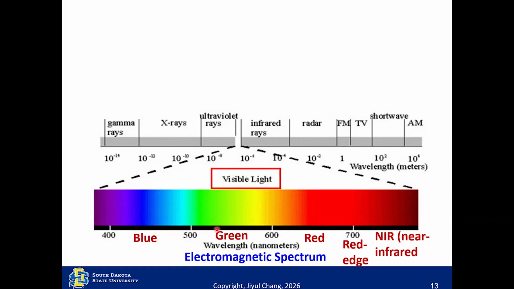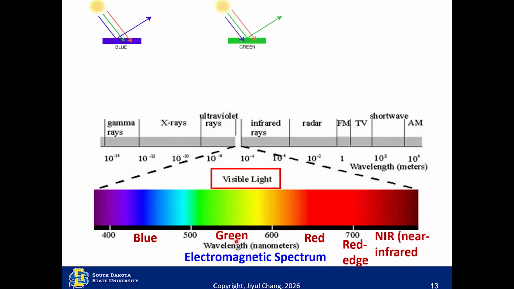Human eyes can see blue, green, and red only, but plants use blue and red light for photosynthesis, while green is not used. So the plant reflects the green light because it does not need it, and the human eye detects the reflected light, which is green.